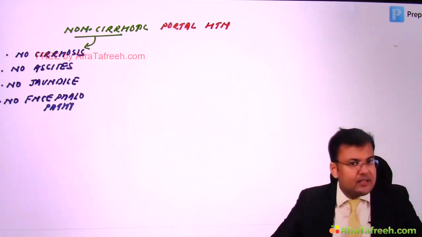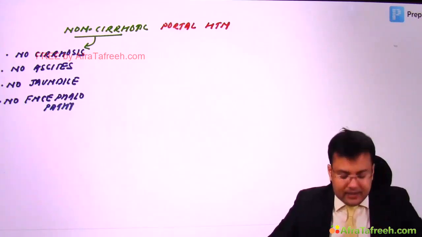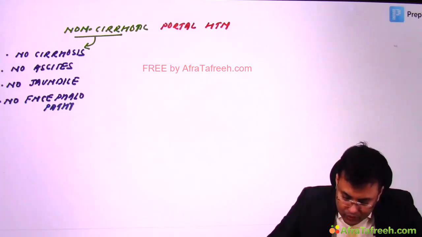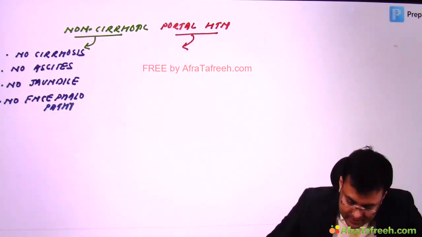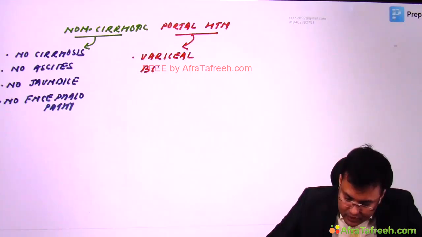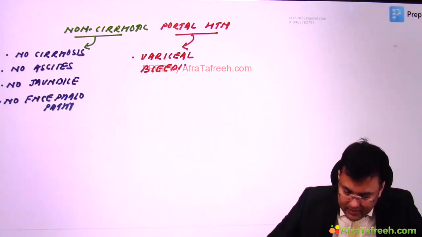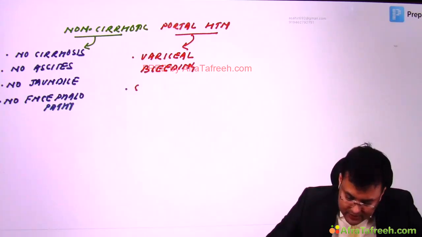Right? So signs and symptoms of hepatic failure are absent. Now see, there is portal hypertension. So two universal manifestations will be there. First what? There is variceal bleeding and there will be presence of splenomegaly.